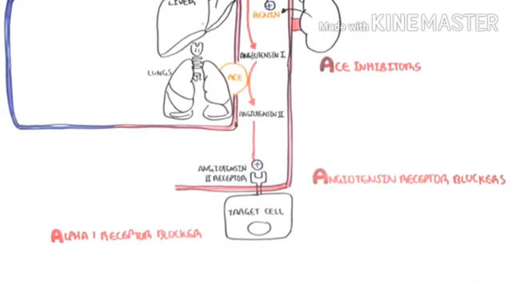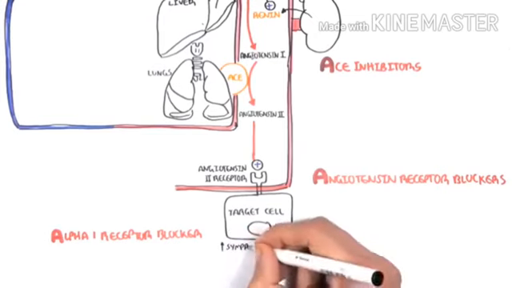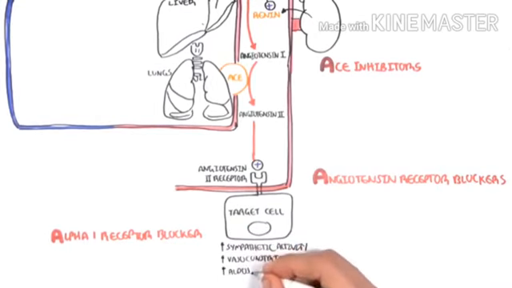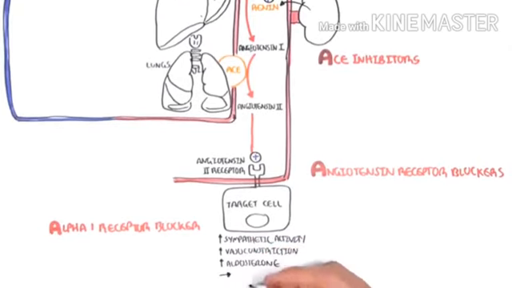It may be blood vessels, it may be activation of sympathetic activity, it may activate aldosterone. So by binding to the target cells, it increases sympathetic outflow, increases vasoconstriction of blood vessels, and causes the release of aldosterone. Ultimately, all these things increase the blood pressure, and this is the normal mechanism of the renin-angiotensin system.